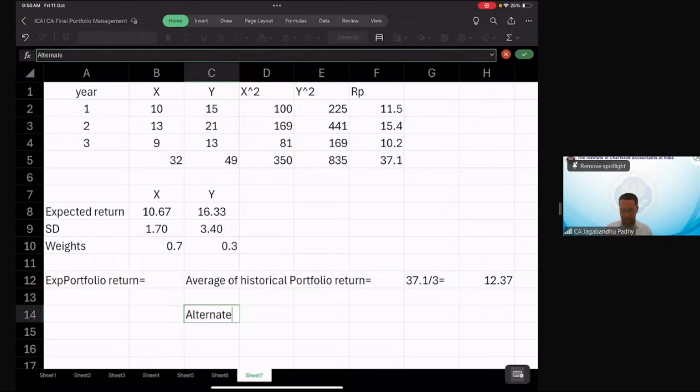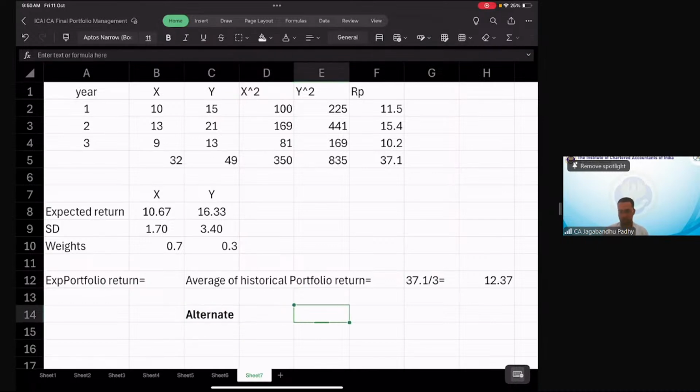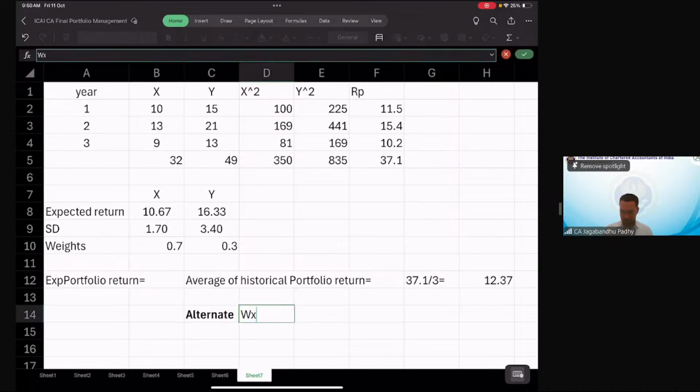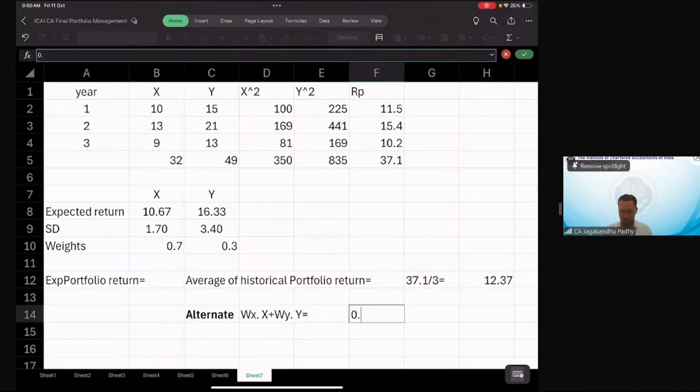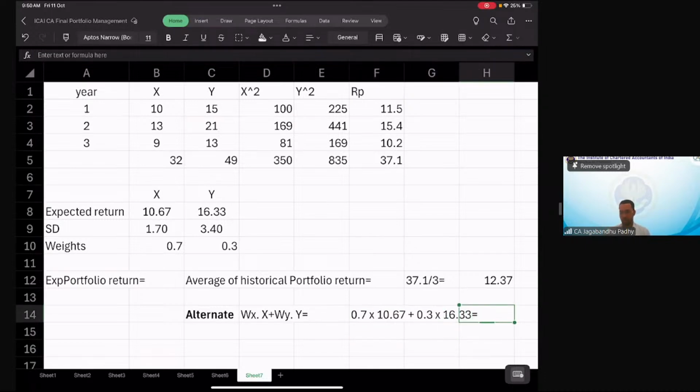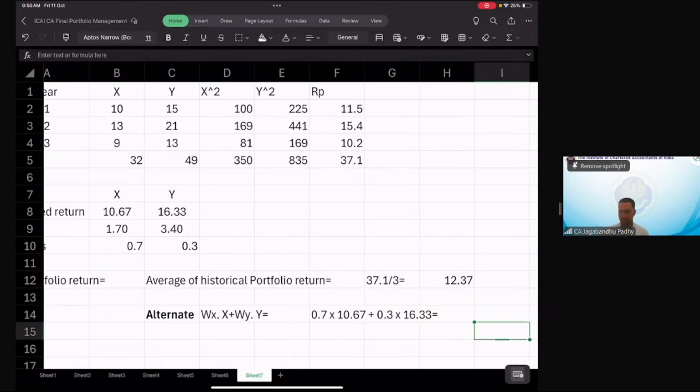And as we have observed, just check whether the alternative works also for this. It should ideally work, which is like weight of x into return of x plus weight of y into return of y. So you can see that it is 0.7 multiplied by 10.67 plus 0.3 multiplied by 16.33. Okay, so if you look at the alternative thing, is it working over here?